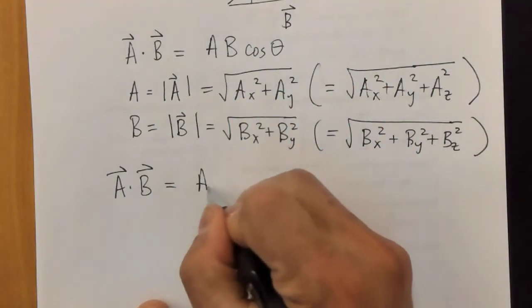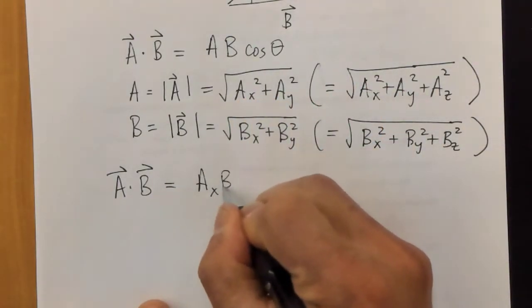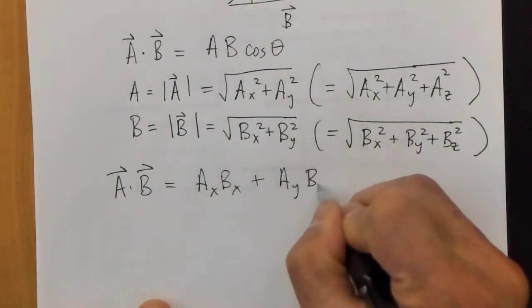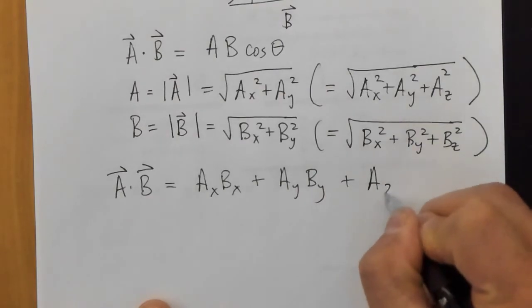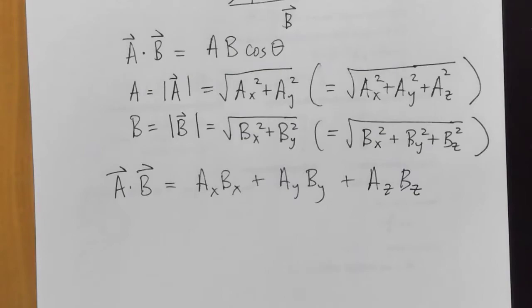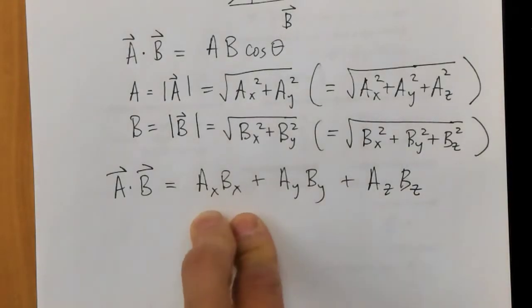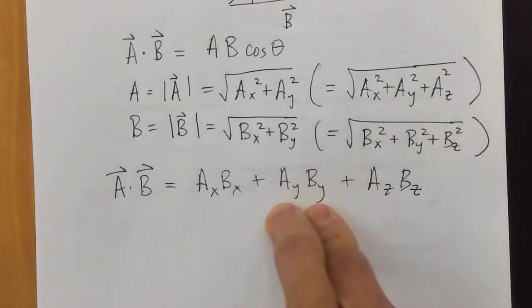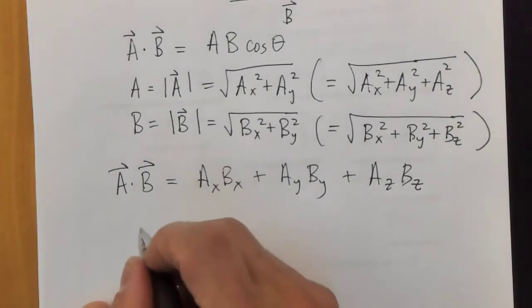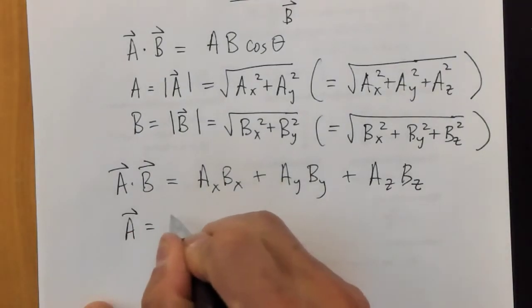It's going to be AX times BX plus AY times BY plus AZ times BZ. It's not a vector. It's just the sum of the product of the X components, the product of the Y components, and the product of the Z components. You add them together.